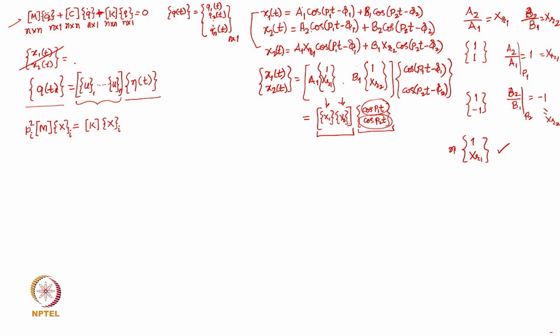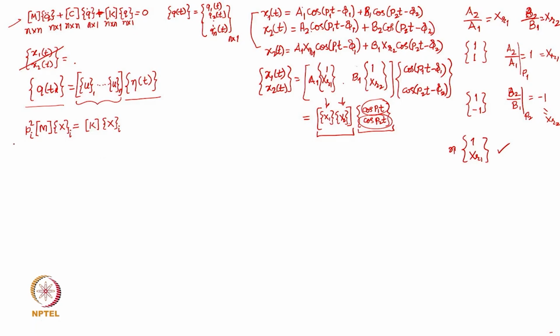Now, these mode shapes follow a property called orthogonality. Okay, and we are basically going to discuss how this orthogonality property of the mode shapes can be made use of in the convenient and computationally efficient solution process.